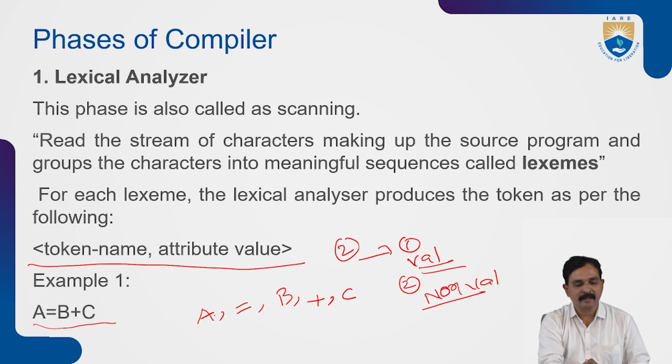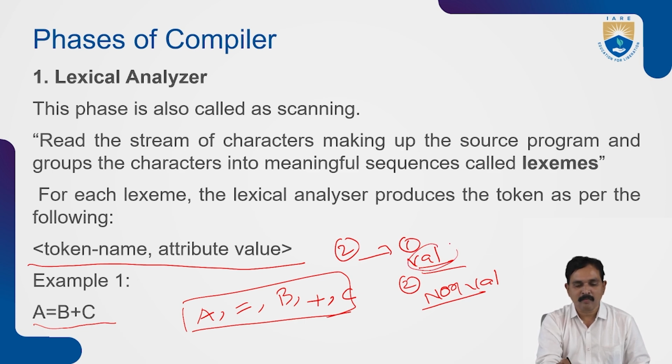Our aim is separating the tokens of the given source language statement. So it separates the tokens like this: A, equal, B, plus, and C. This is how we identify the tokens from the given language statement.